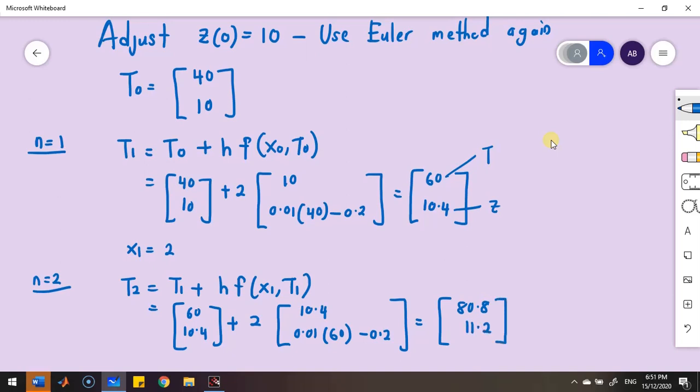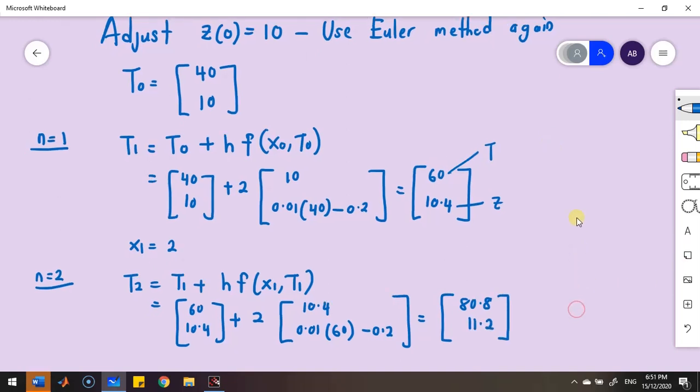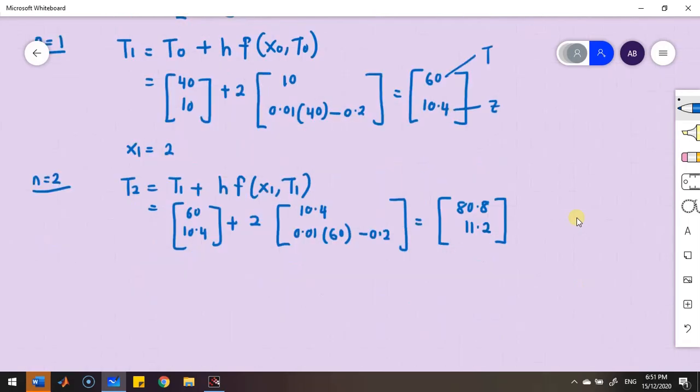80.8, 11.2. There you go. Okay, and then obviously x2 will be 4. So for n equals 3, we have t3 equals t2 plus h f of x2, t2.